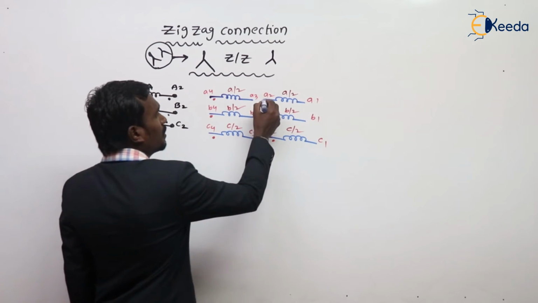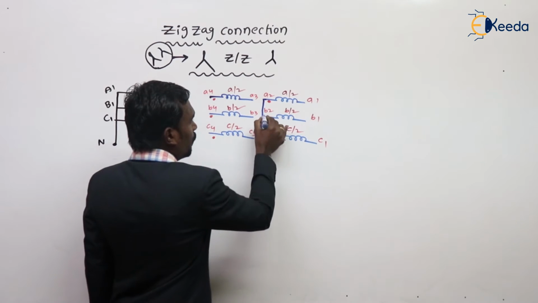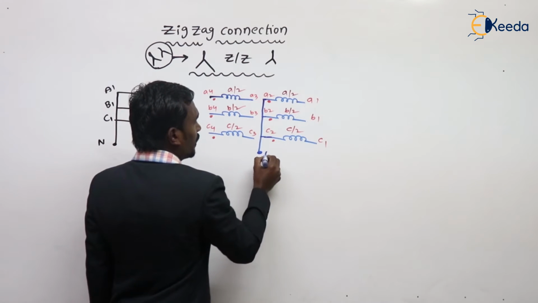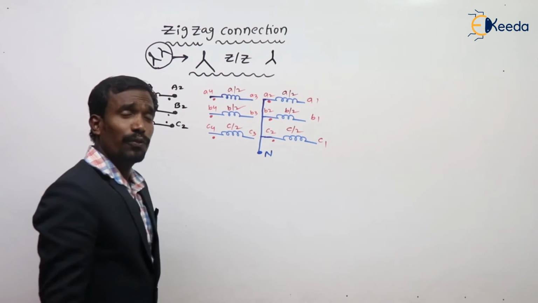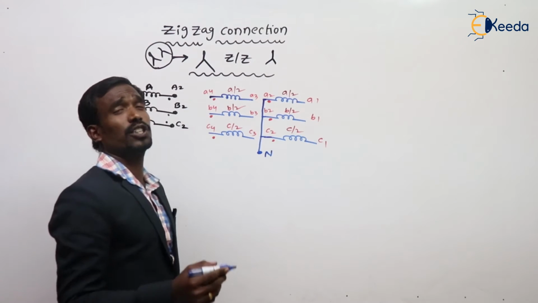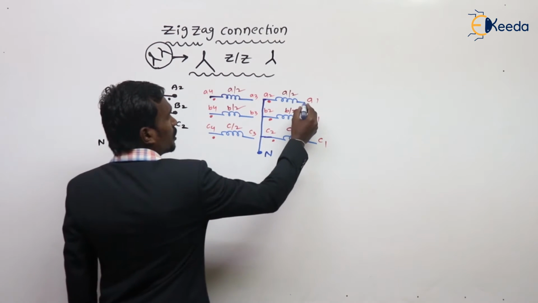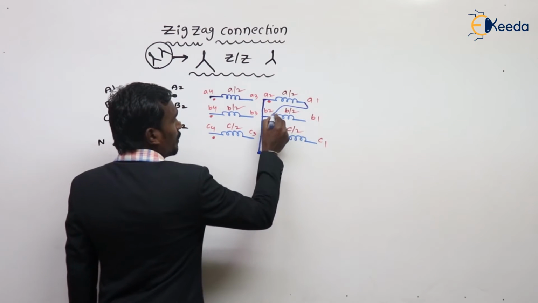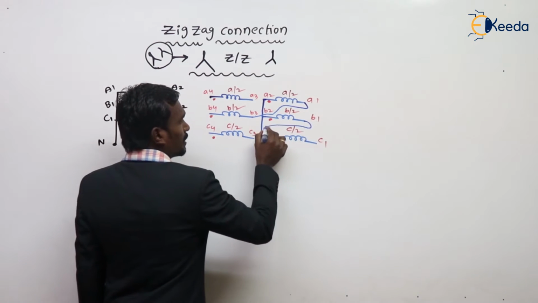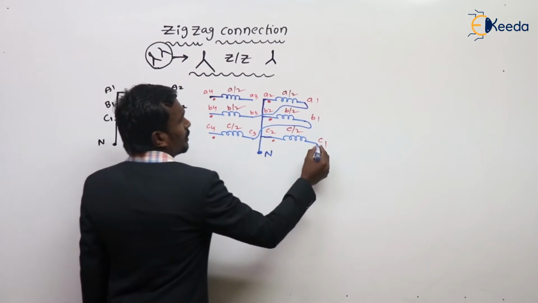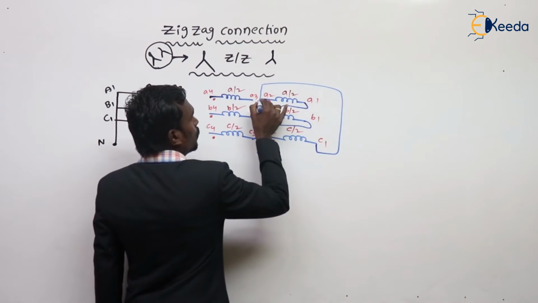Now this is star, so zigzag star. For example, I am taking the neutral here, and we should connect in series opposition. That's why this A1 is connected to B3, this B1 is connected to C3, and this C1 is connected to A3.